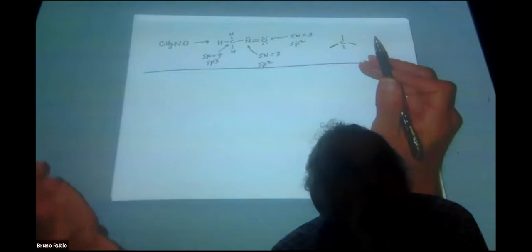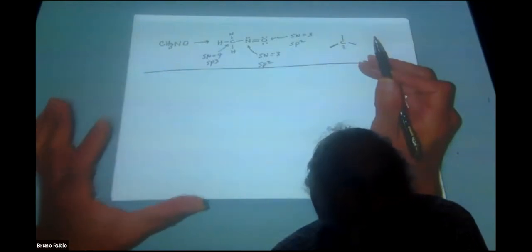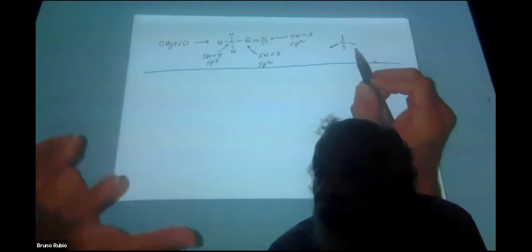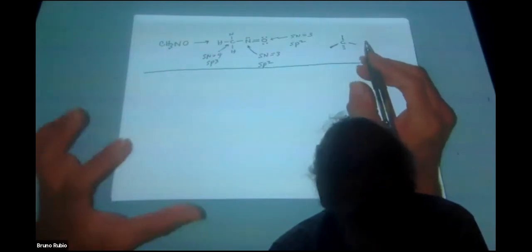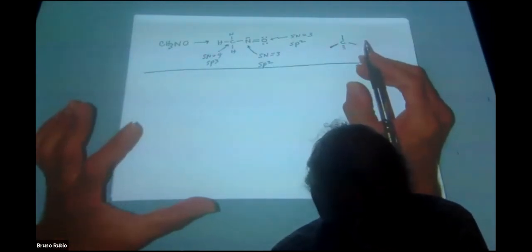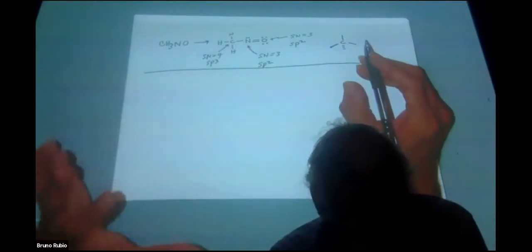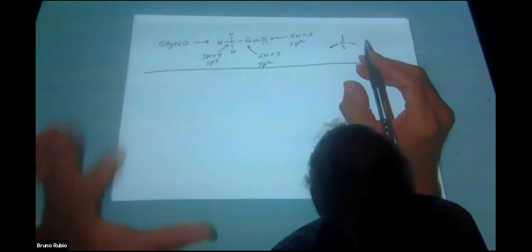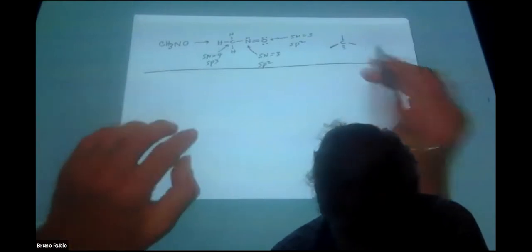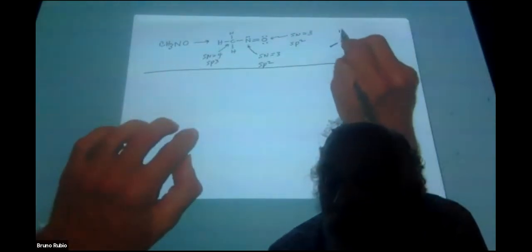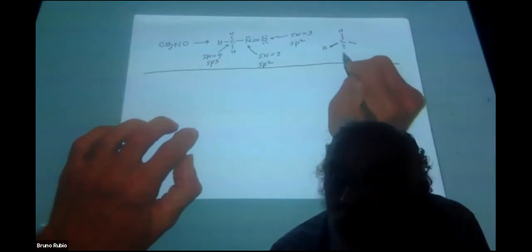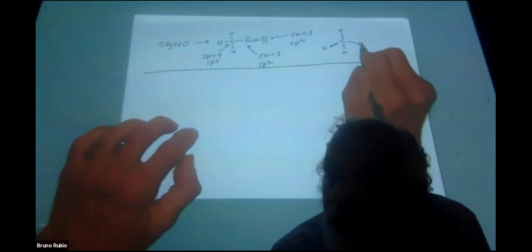Looks are everything, right? I'm going to try to draw this in a way where the molecule makes visual sense and is beautiful to look at, right? Hate to tell you this, looks are everything. Okay, so maybe I'll put the hydrogen there, a hydrogen there, and a hydrogen there, and a nitrogen there.